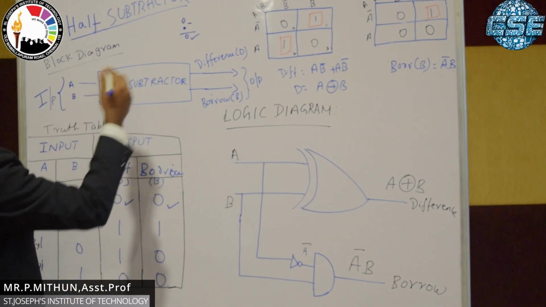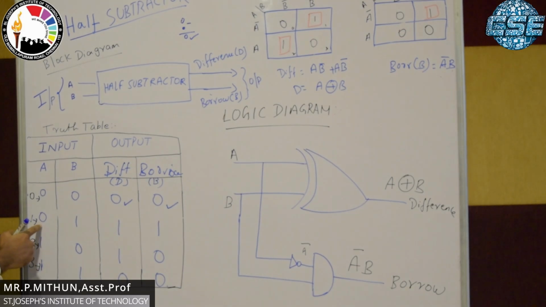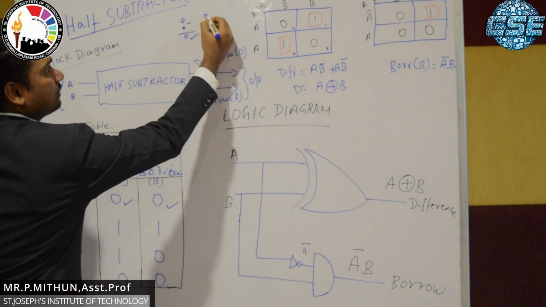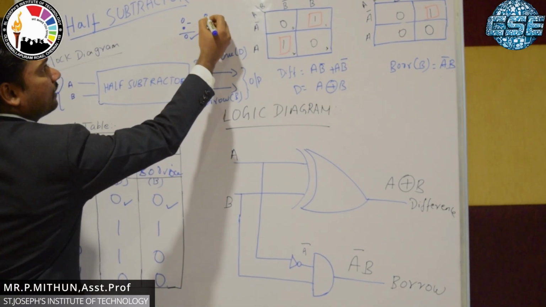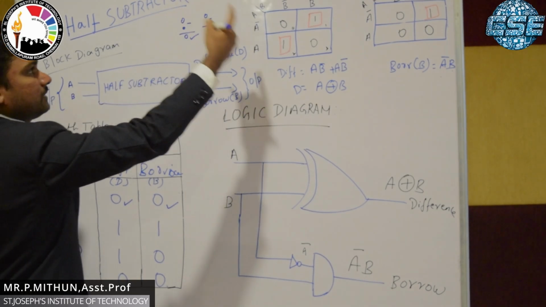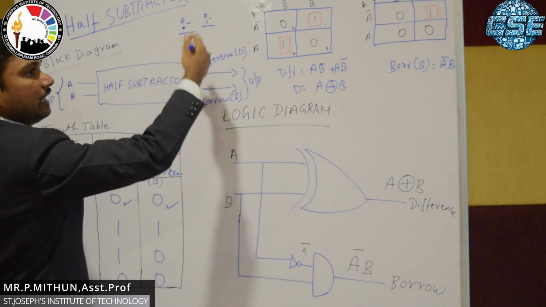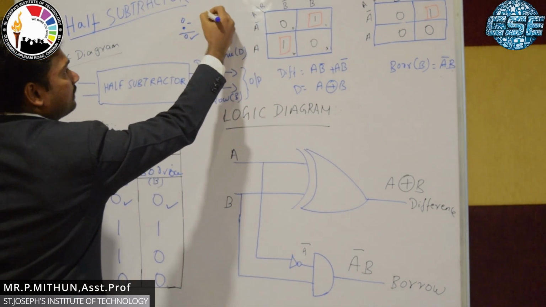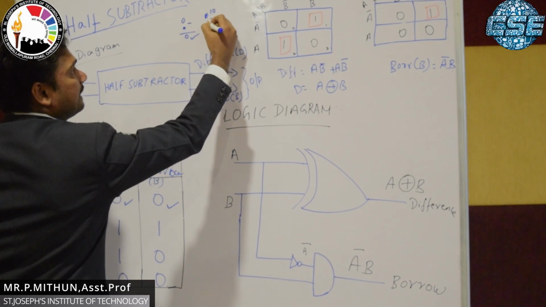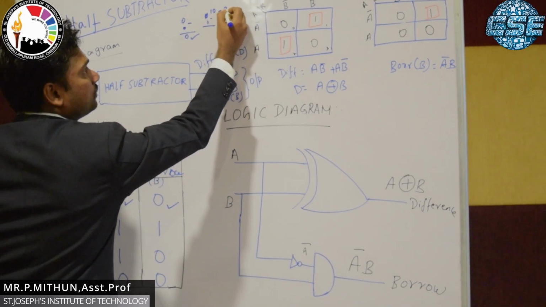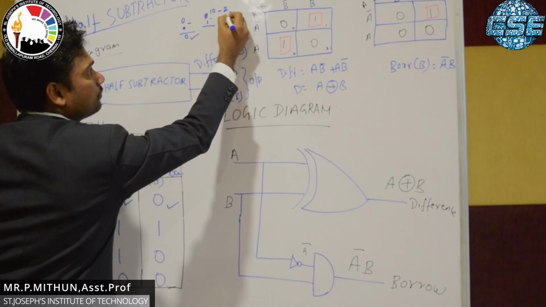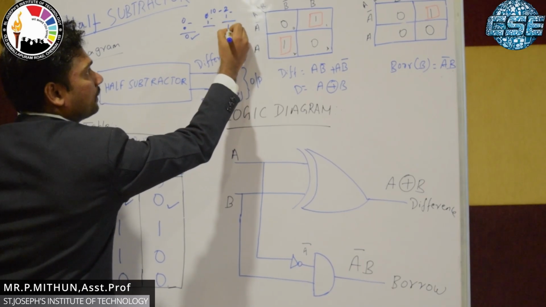The second one is 0 1. 0 minus 1: we want to borrow from some other value, or imagine a 1, so it becomes 10. 10 represents 2, so 2 minus 1 is equal to 1.